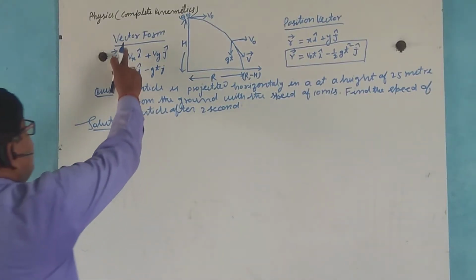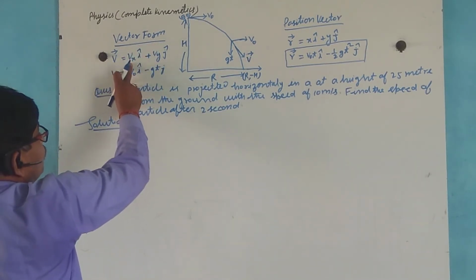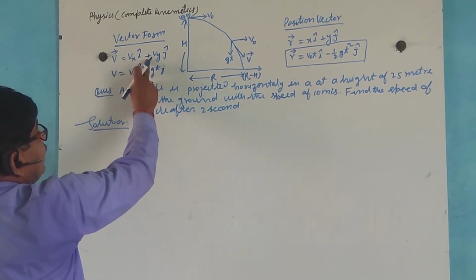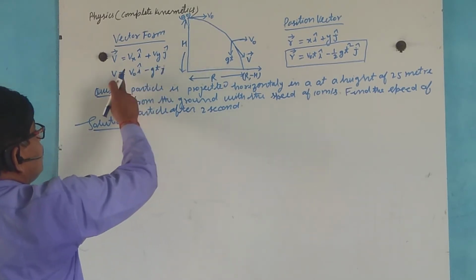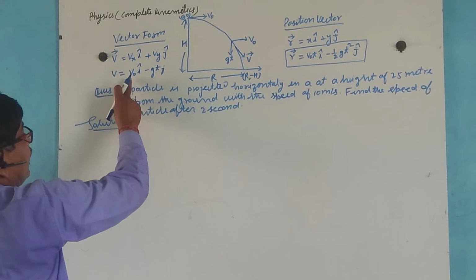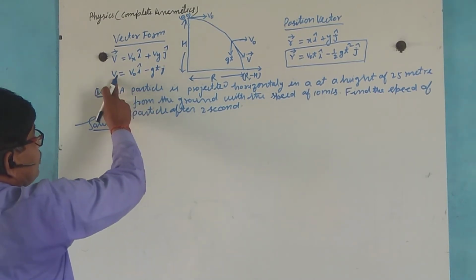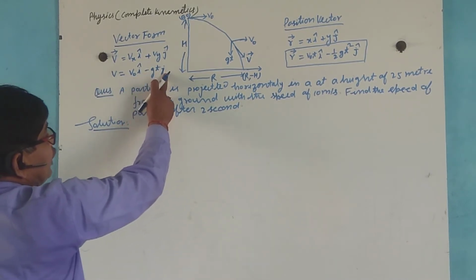Now in the vector form, vector v equals the component along the x-axis, vx i cap, plus the component along the y-axis, vy j cap. This can be written with initial velocity v0 along the x-axis, so v equals v0 i cap minus gt j cap.